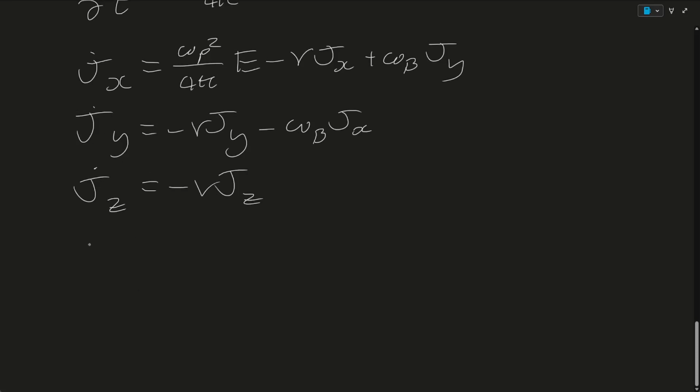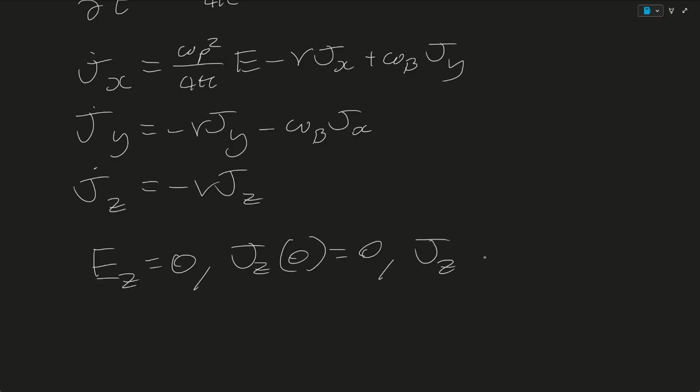Since we have that Ez is 0, let's write down some more things. Jz of 0 is 0, and Jz of t is also 0 for any t. Can you do that? Is that the right circumstance to use that?